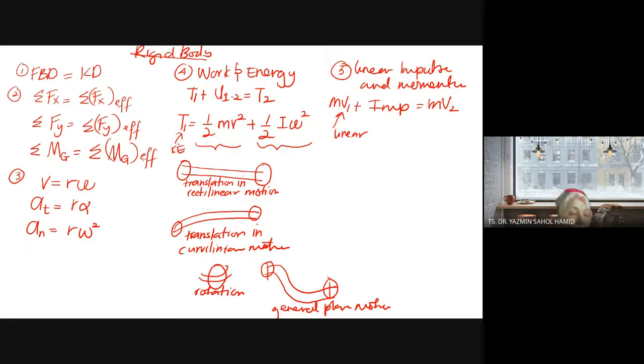For the linear one, if you are considering rigid body, the linear L will become mv plus, what do you think? I omega. Don't get confused: the work energy is 1 over 2 I omega squared, but for linear it is I omega. So mv plus I omega.